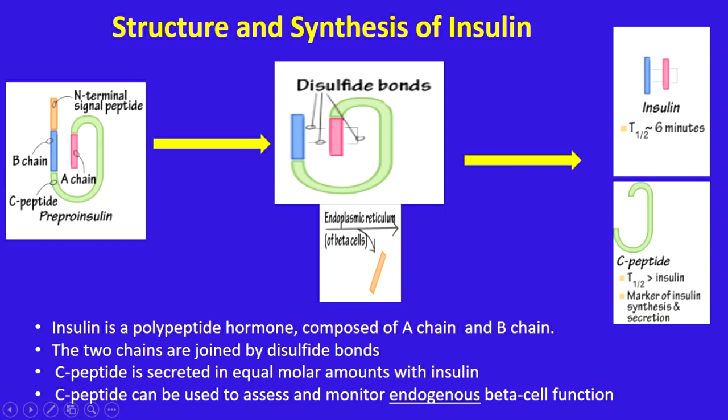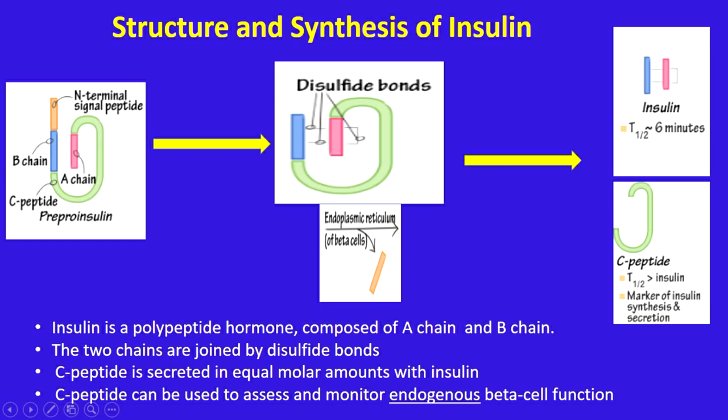There is an N-terminal, the brown color you can see, and the blue and pink sections are the major part of insulin. That's the beta chain and alpha chain. Then there is the C-peptide. You see the long green piece there, right? That section is the C-peptide. So proinsulin consists of those parts.